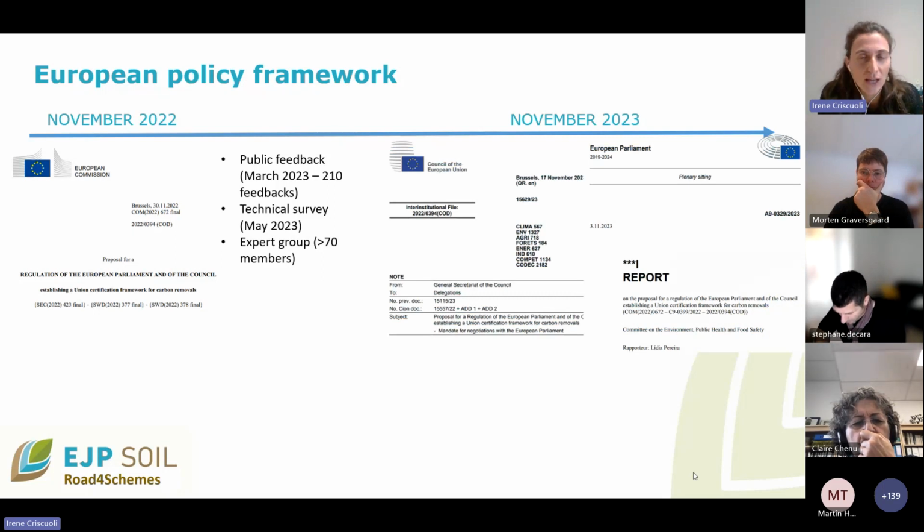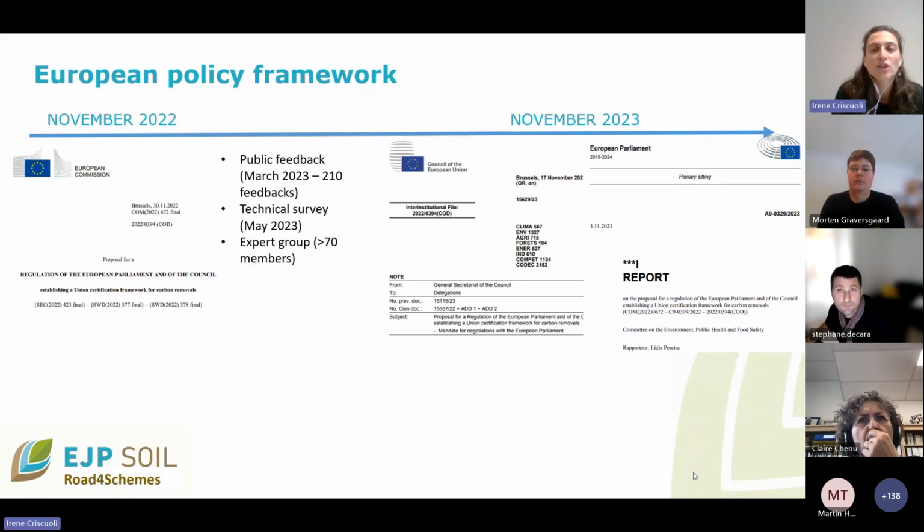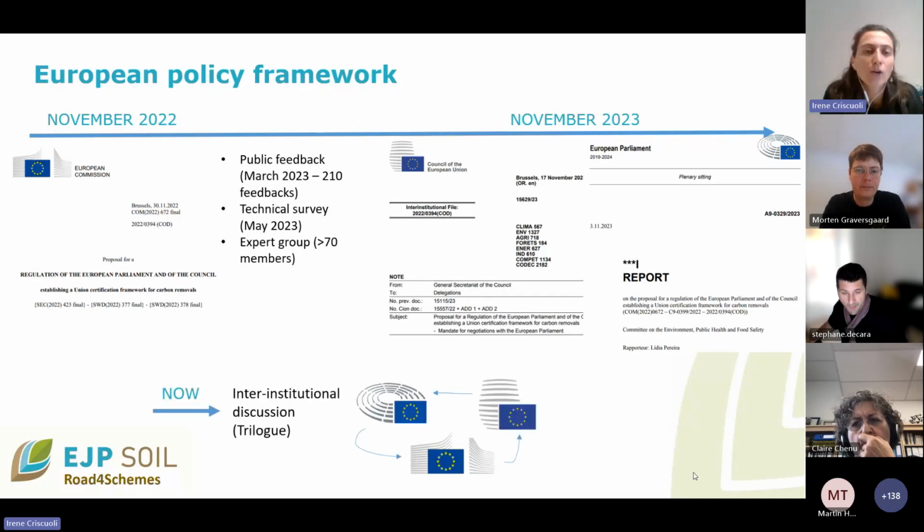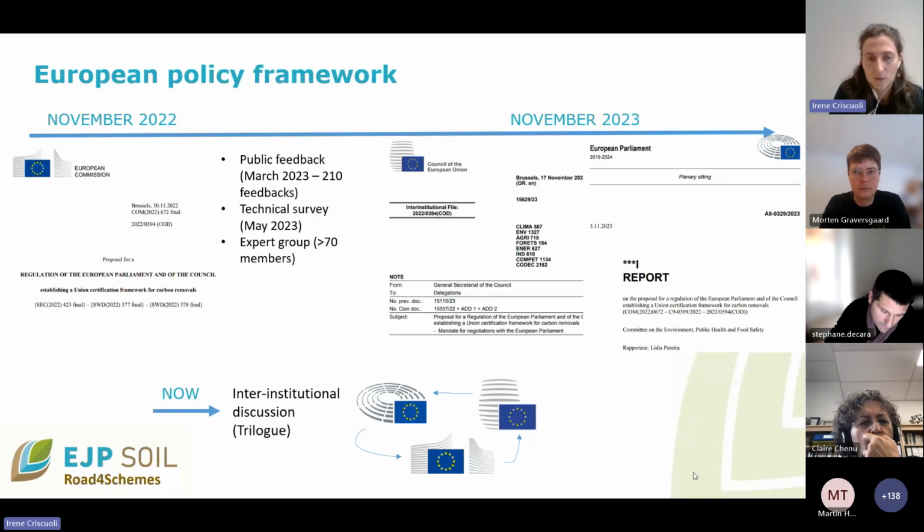Based on this discussion and some political discussion, in November 2023, one year later, the European Council and the Parliament released two amended texts, which are not final yet. These two texts will be used for an interinstitutional discussion among the Commission, the Parliament, and the Council, the so-called trilogue.